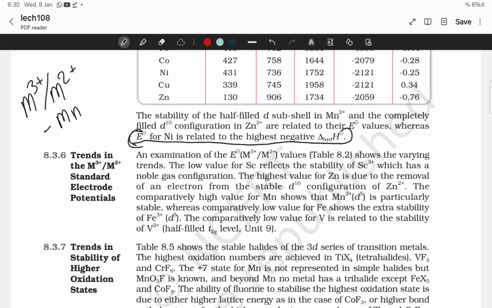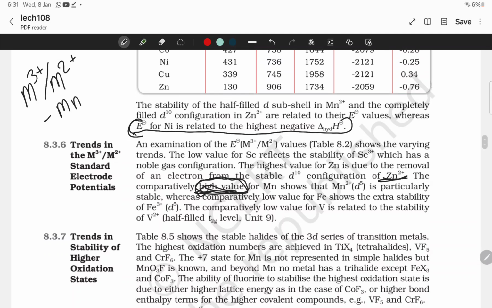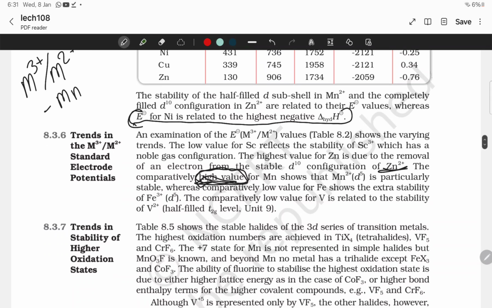That's the reason why Mn shows a high value of standard electrode potential. Mn3 plus shows a high value of electrode potential, and zinc also shows the same high value because of its fully filled subshell.